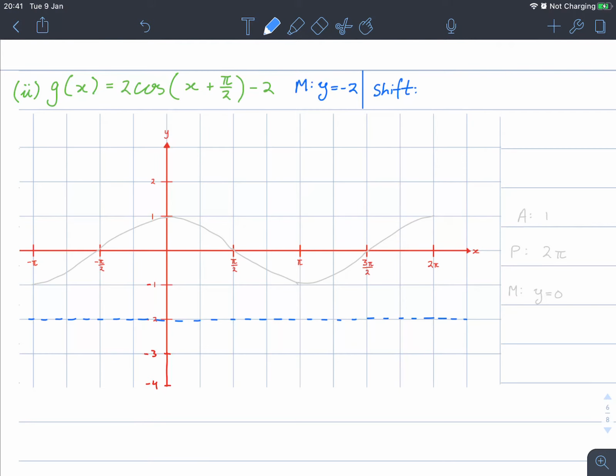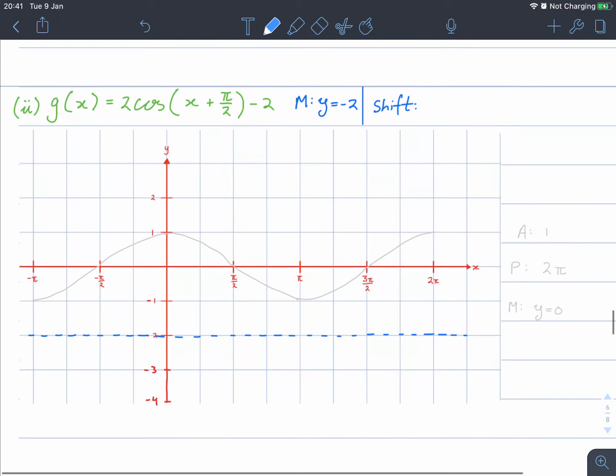And like with all transformations and shifts to the left and right, a plus some value h, whatever it might be, shifts the entire function to the left, whereas if it's a minus h, it shifts the function to the right. Because this is a plus h, it's plus pi on 2, it's an entire shift to the left by a distance of pi on 2.